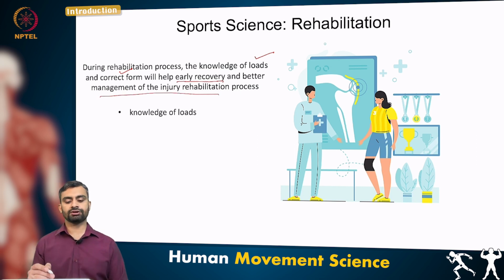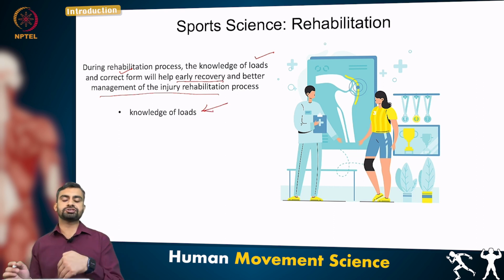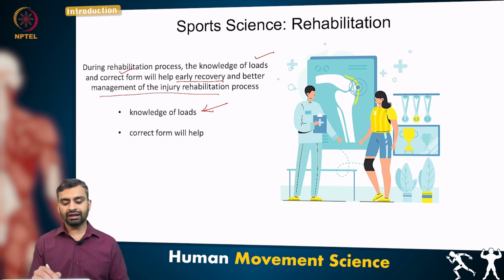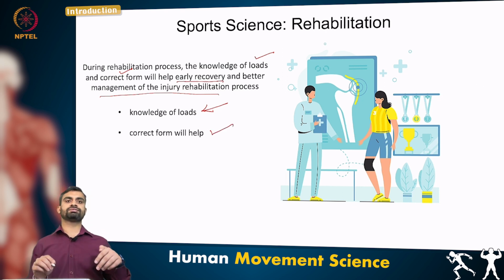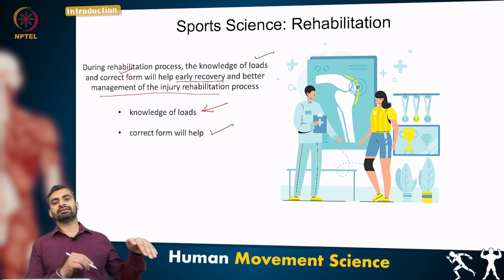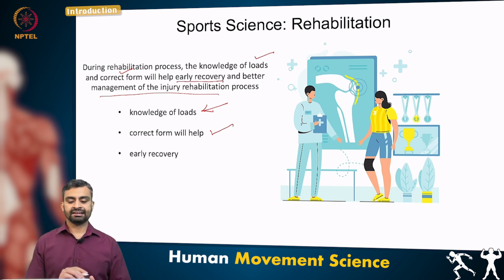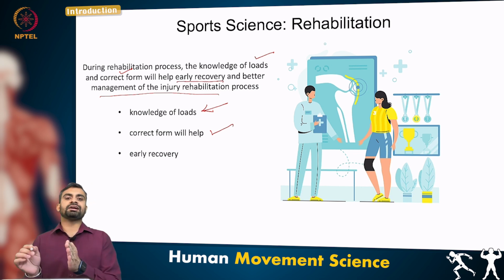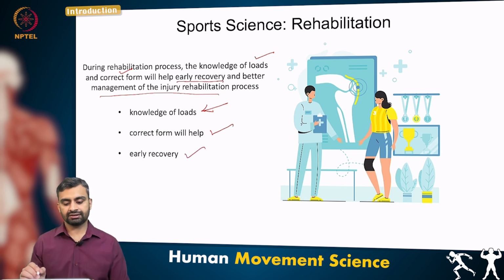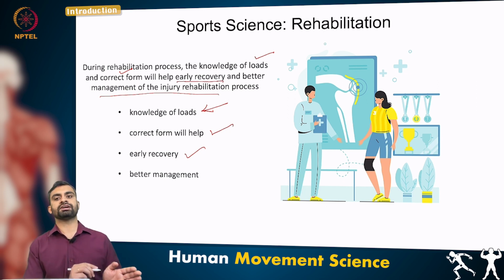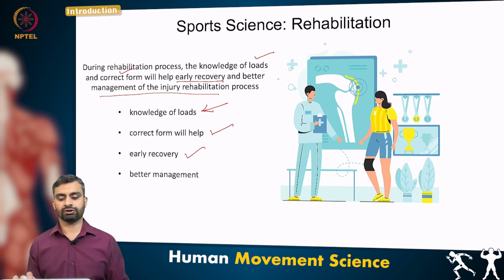In this case, we'll look at the different loads being applied pre and post injury and during the rehabilitation process, and that will help us correct the form, because if there is a load imbalance and we do not want to overload the injured side, this systematic way will help us recover early as well as better manage injury prevention and the rehabilitation process.